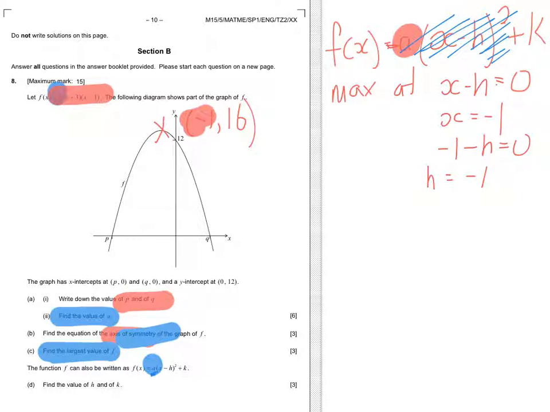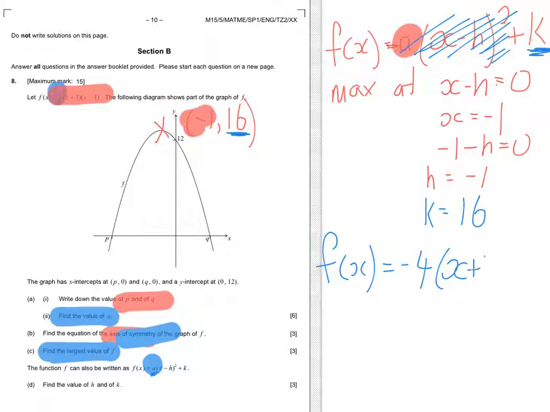Which means that k must be equal to our value of y. So k is equal to 16. And we're done. Although the completist in me wants to write out f of x is equal to minus 4 times x plus 1 squared plus 16. And that's the function written in completed square form.